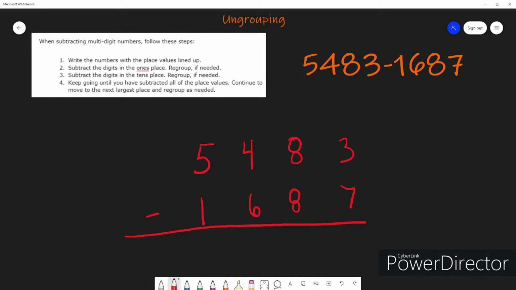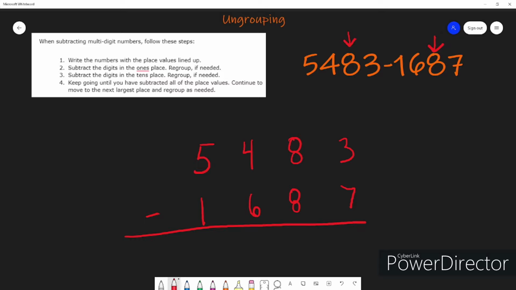Our final special situation when dealing with subtracting large numbers is the idea of having the same digit on the top and the bottom in the same place value. So we're going to be subtracting 5,483 minus 1,687, noticing that in the tens place value we have an 8, and it will cause a problem on regrouping as we go forward.